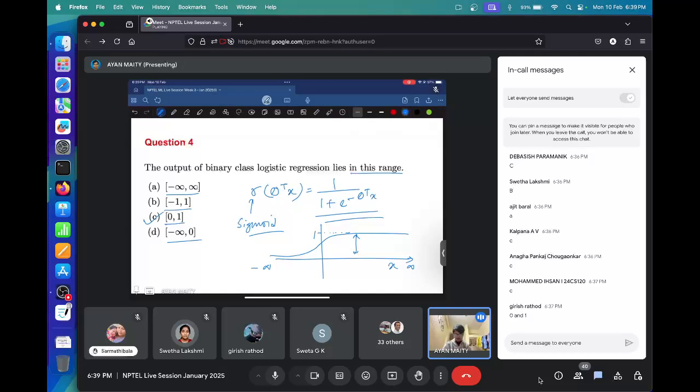It does not go above 1, and at minus infinity its value is 0. For x equals 0 the value is half. So the output ranges from 0 to 1 in the case of logistic regression.